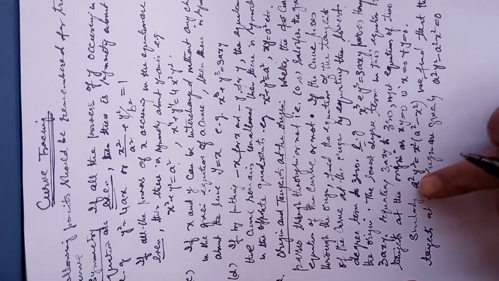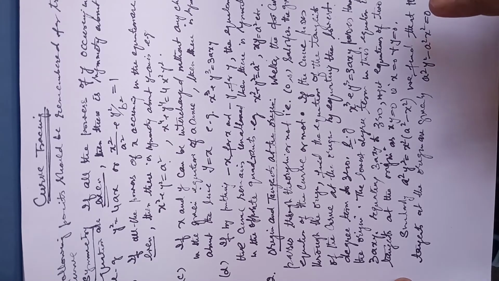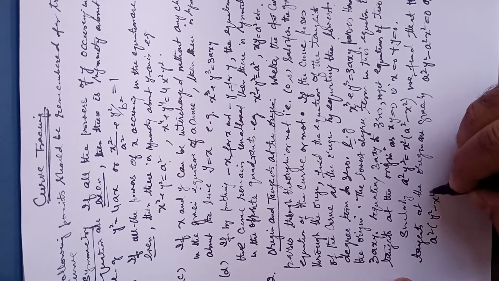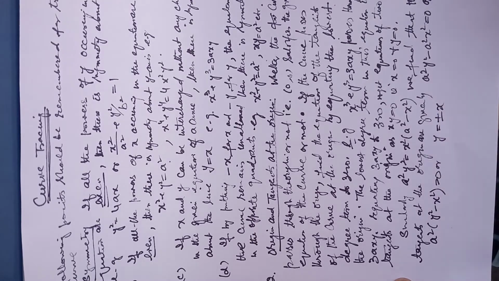Lowest degree term, this obviously passes through the origin. This is the lowest degree term, and when equated to 0 gives us the two tangents, or y equal to plus minus x. These are the two tangents.